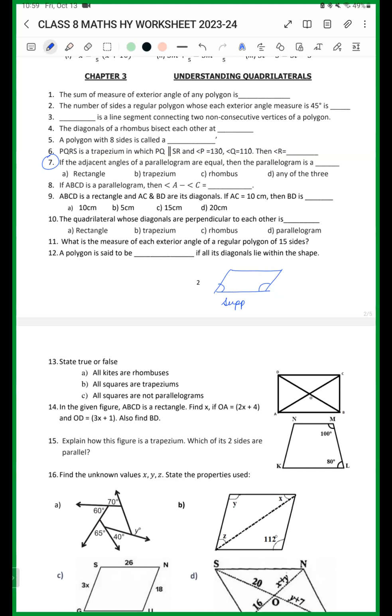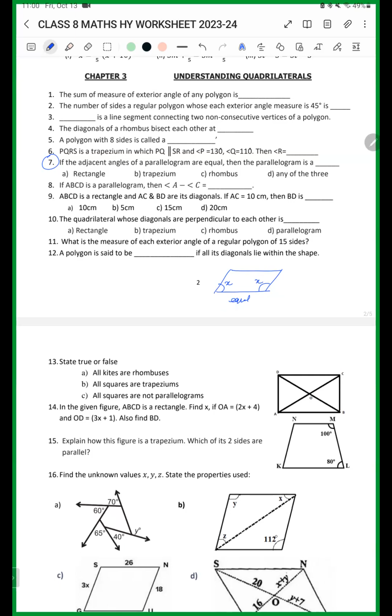It is going to be a rhombus, I think. No, it's going to be a rectangle. Why is it going to be a rectangle? Because they are saying they are equal as well. So that means if this is x, then this is also x, right? And we know that they are adjacent angles also. So adjacent angles are supplementary.